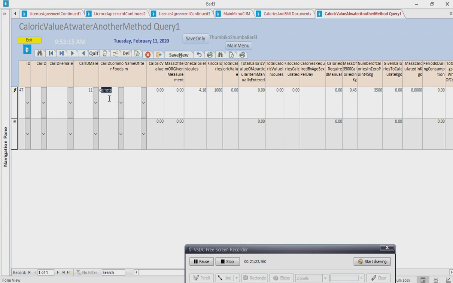For a gram of wheat, the caloric value is 4.8.